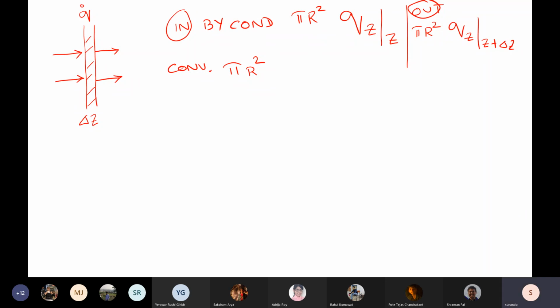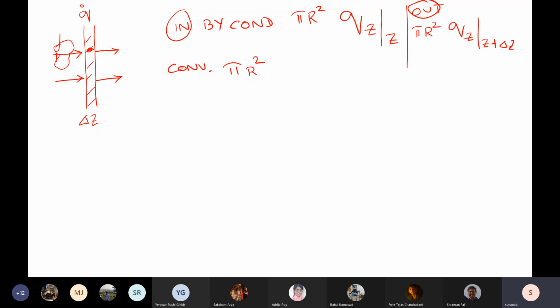What is the energy coming into the control volume by convection? You have a packet of fluid, and that packet of fluid is coming in there. What is the energy content of this? The same energy content is being added to the control volume over here.